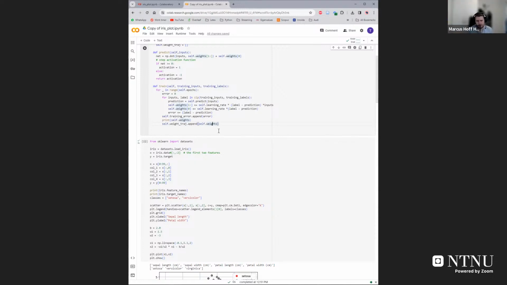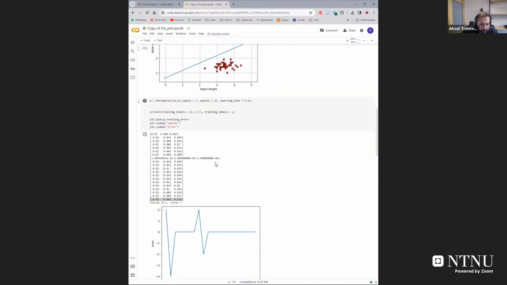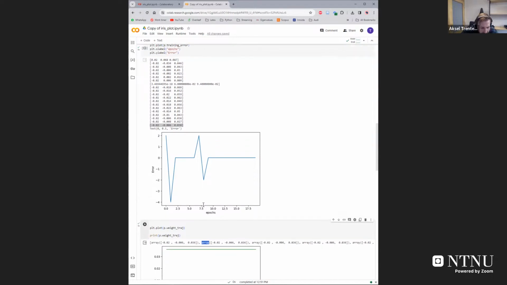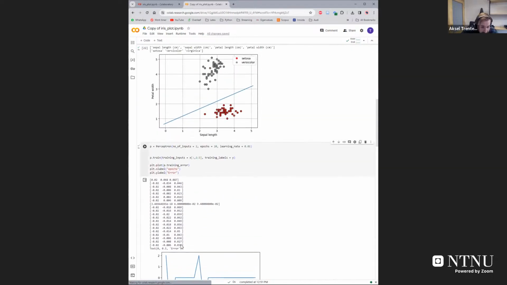Well, yeah, we got the error at least. It might be something to do with numpy, because this is a numpy array. Why it only takes the last one is complicated for me.